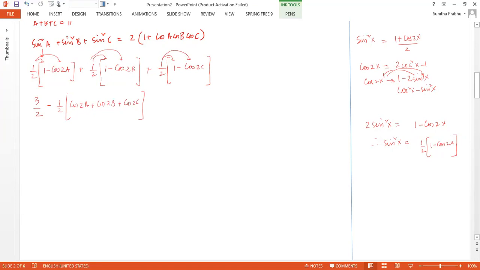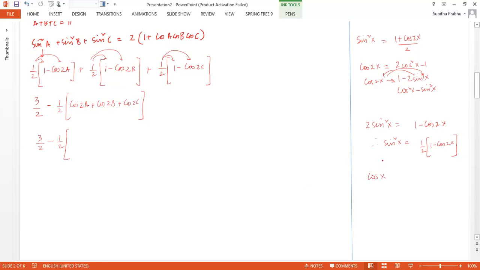So when we had the square, we did some jugaad and we converted it into a plus b form, right? So please help me do this now. It is 3 by 2 minus half of... Cos 2a plus cos 2b, this is a sum, right? Can't we just use what we proved a minute ago?